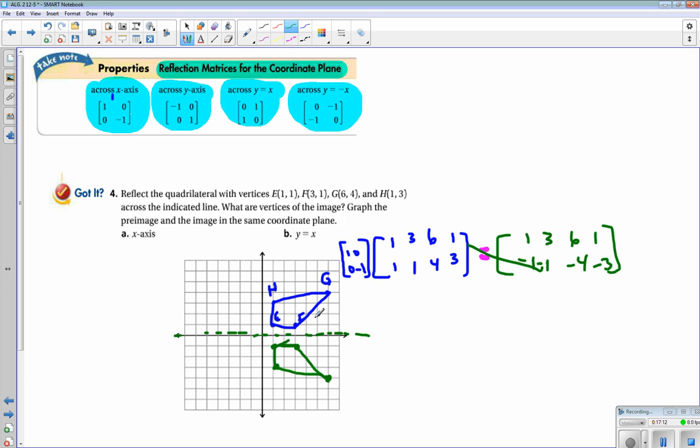Okay, we're going to do this one more time, but across y equals x. So instead of 1, 0, 0, -1, we're just going to go 0, 1, 1, 0.